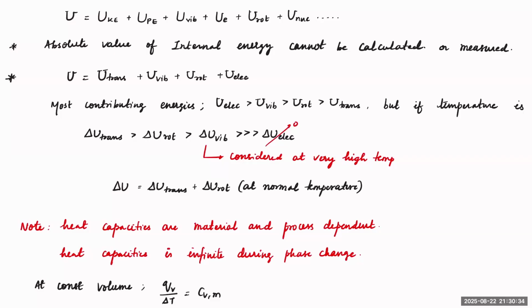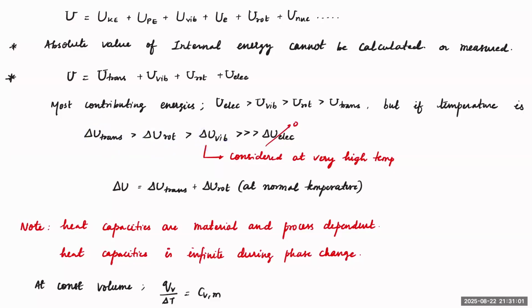So even if there is any change in internal energy, you will hardly see any change in the vibrations at lower temperatures. Therefore, this would be least contributing here. And electronic repulsions, attractions, that is also least contributing here. The difference is least contributing. So mainly the difference comes because of the translational and some part due to rotational and very, very less part due to vibrational.